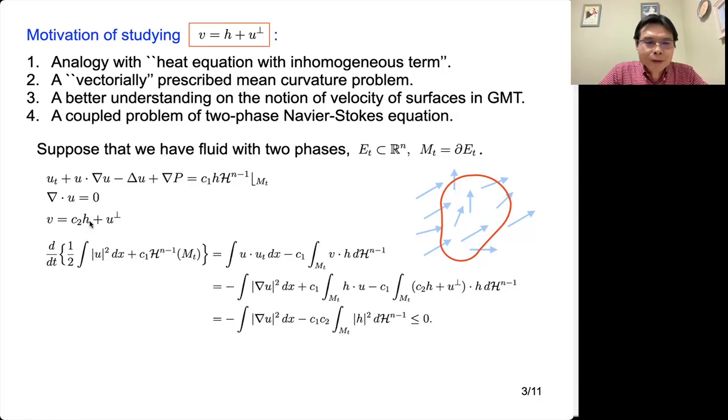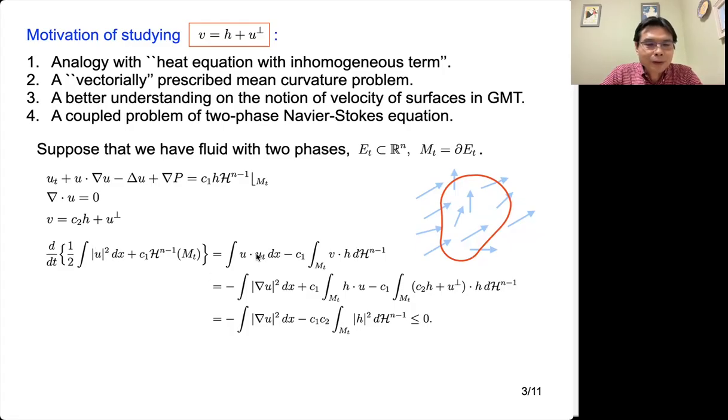Okay, so now this one has this nice energy law. It's very easy to check. For the Navier-Stokes equation, if you don't have c_1 and c_2, this is very well known. The kinetic energy of the fluid is the L2 norm of u squared. If you take a time derivative of this, of course, it's going to be u dot u_t.